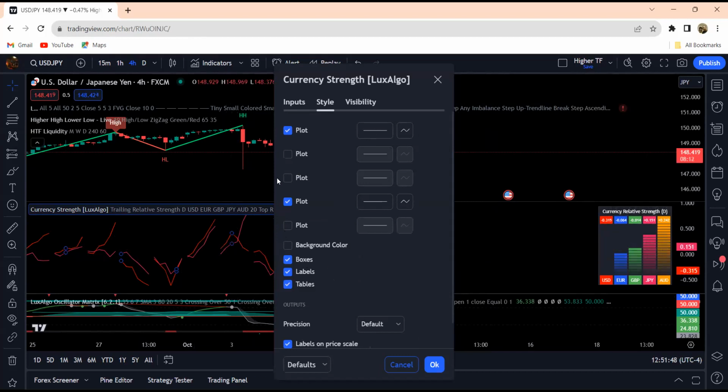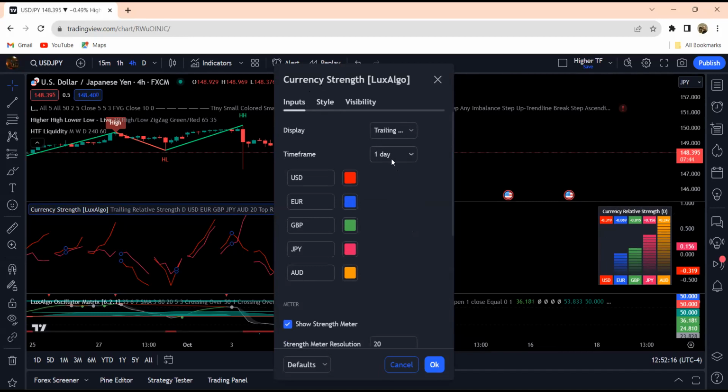So if you have those boxes checked, then you'll see the labels on the side here and you'll see the lines, the momentum indications right here. I really only need to see the currency strength meter, so I just unchecked all of the other currencies that I don't look at. I'm really only interested in USD and JPY, which is why I have everything else unchecked. If you want to go into the settings, feel free to do that.